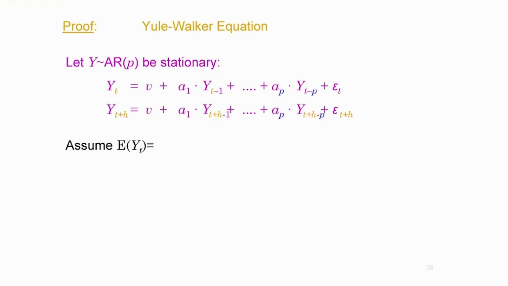We're going to assume that the expectation of the process is 0. If you don't assume this, it still works. If I say without loss of generality, it means it doesn't matter whether the expectation is 0 or not. If it's 0, it's the simplest case.